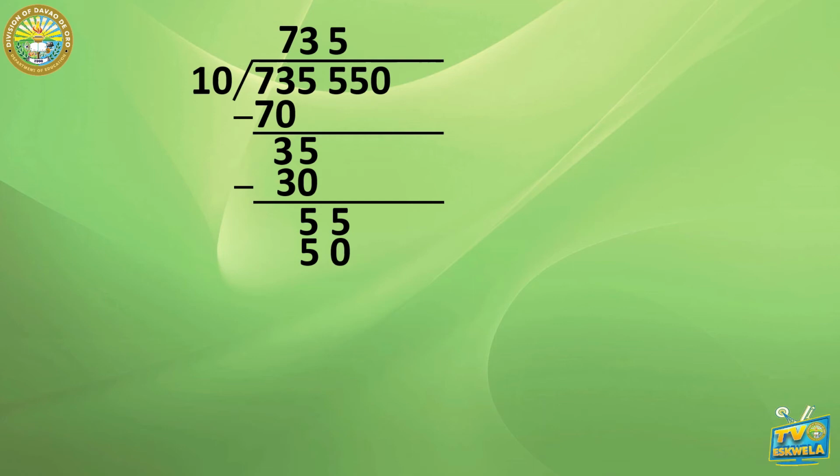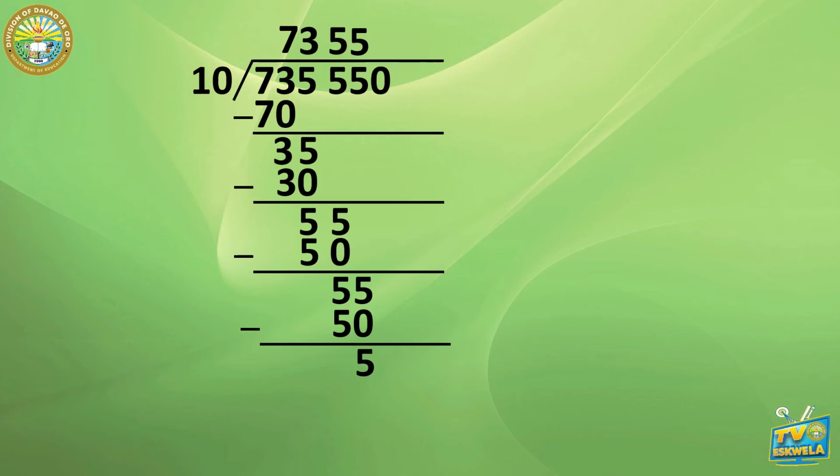And we have 55. 55 divided by 10 is 5. 5 times 10 is 50. 55 minus 50 equals 5. Bring down 0.